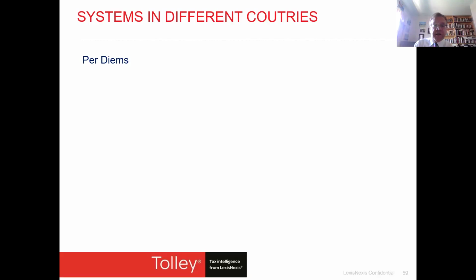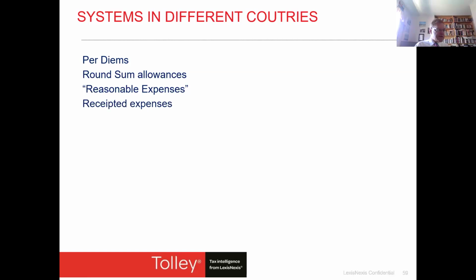There could be lump sum allowances. Sometimes they are allowed. Again, it depends on the different country as to whether it's allowed. Reasonable expenses, which would normally need to be receipted.